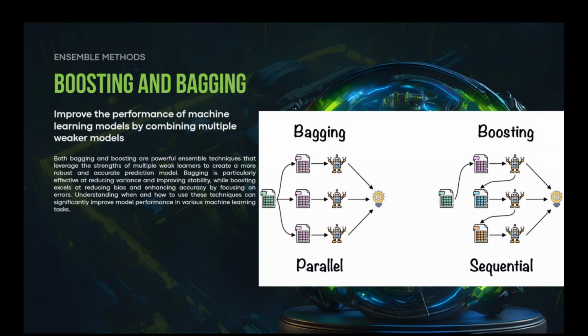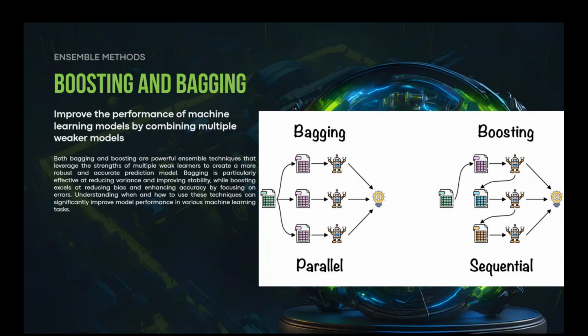Once all models are trained, their predictions are combined. For a regression task, this typically involves averaging the predictions. For a classification task, it usually involves voting, the majority vote. So if a certain input is classified as, let's say, yes by 70% of the models and 30% say no, obviously we go with yes because the majority of the vote is for yes.